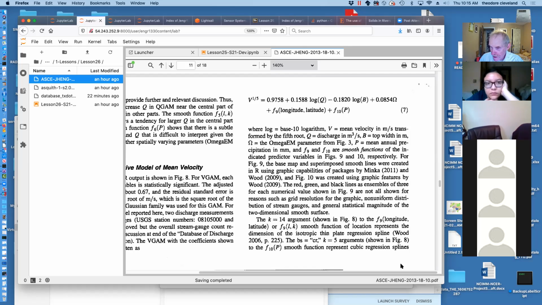You're close. What are the predictor variables implied by that equation? The letters of the alphabet. Q, B, and P. Yeah, and actually omega and then longitude, latitude. Good, good. What's getting predicted? Velocity. Actually, the fifth root of velocity.